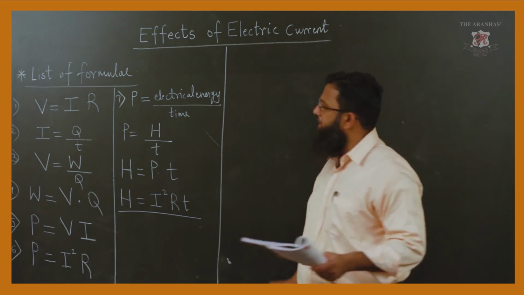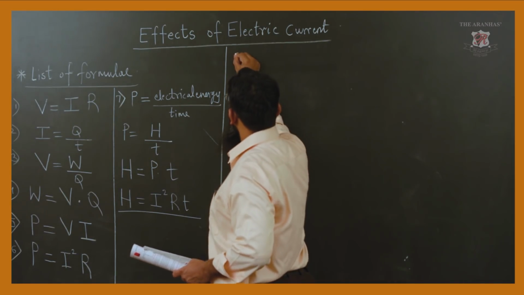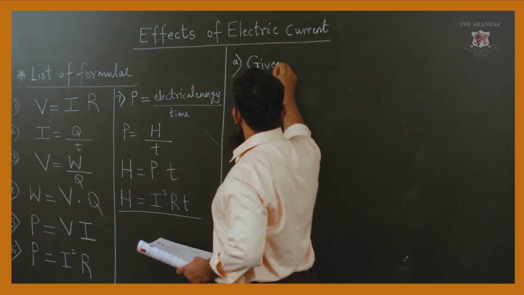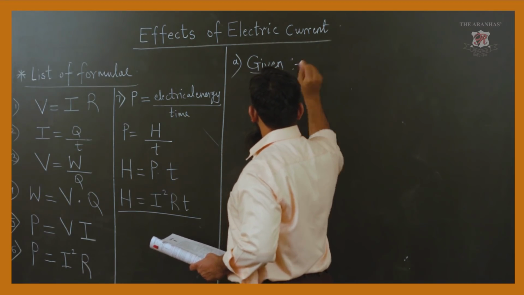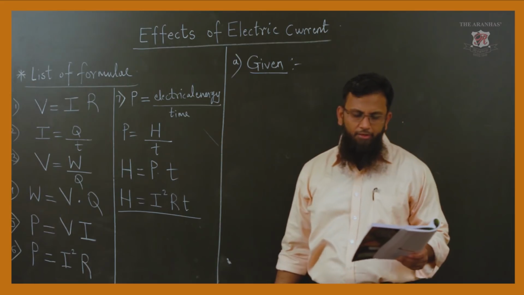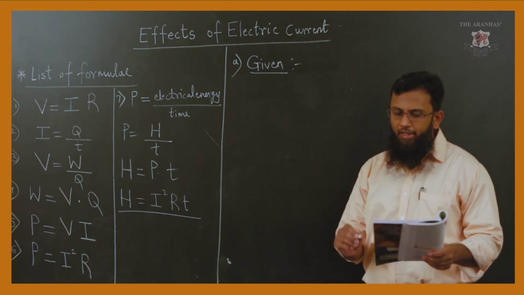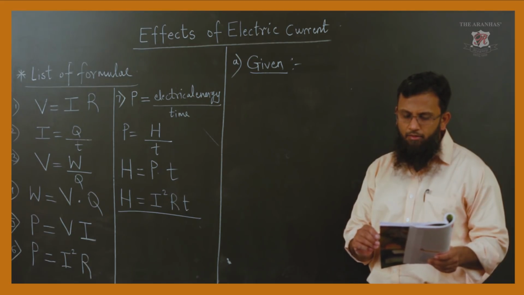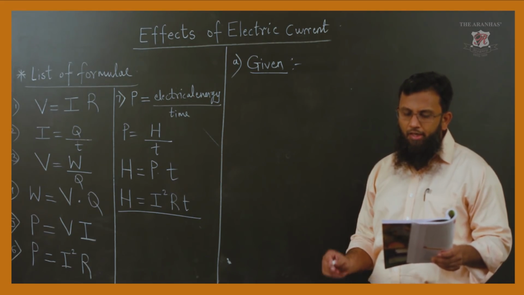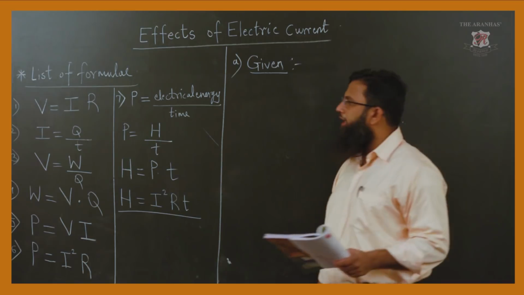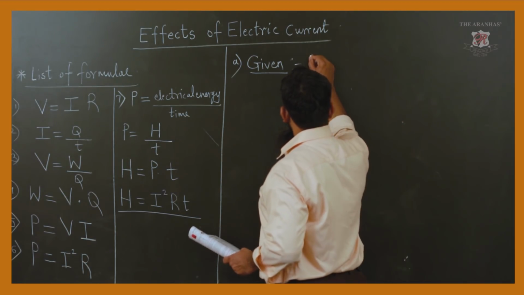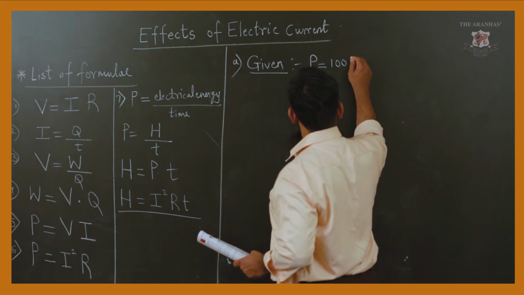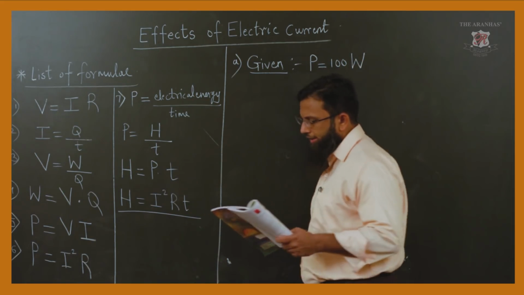Like the first question is question A. Simultaneously while reading the question, I will find out what is given in that question. Heat energy is being produced in a resistance in a circuit at the rate of 100 watt. So, power given over here is 100 watt.